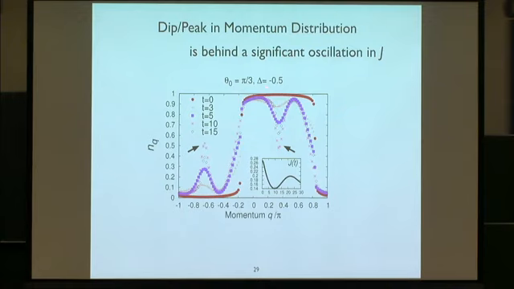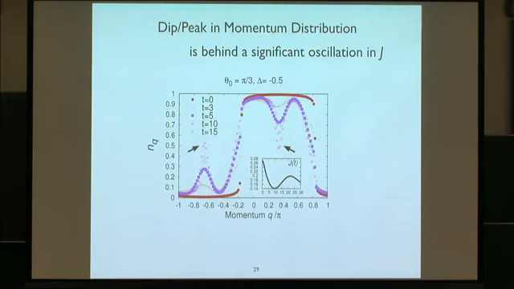Then you see the oscillation of current like this. In this case, what actually happens in the momentum distribution function is not this horizontal shift, but rather you find the formation of a dip at some particular momentum. And also there is a new peak appearing at some particular momentum.